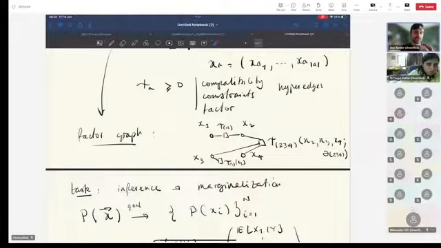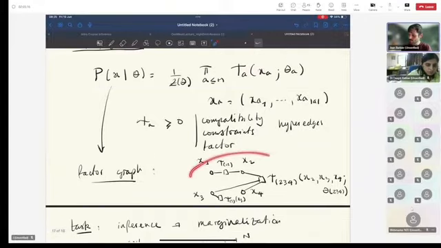Then you receive a noisy version of those parity bits, and you try to reconstruct them. So what you're going to do is run belief propagation. You're going to try to sample configurations that are in agreement with all these parity checks, and this is decoding.